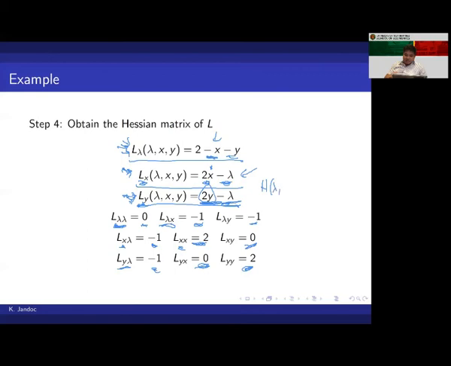Great. So therefore, the Hessian matrix of this Lagrangian, which is a function of lambda, x, y, in this case there are no expressions involving lambda, x and y, is 0, -1, -1, -1, 2, 0, -1, 0, 2.